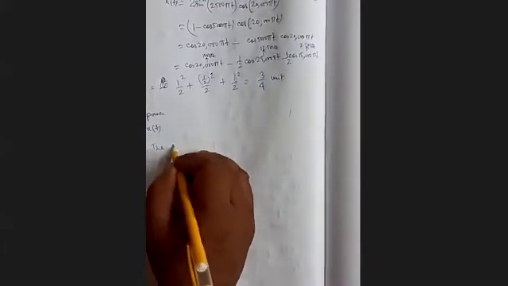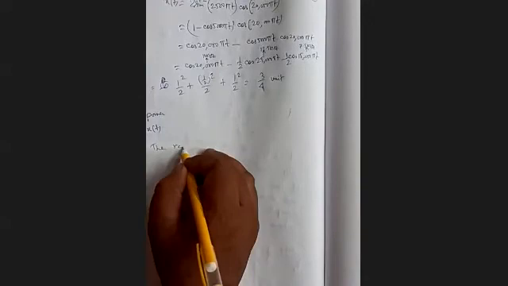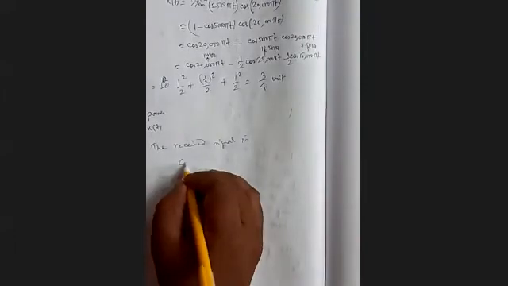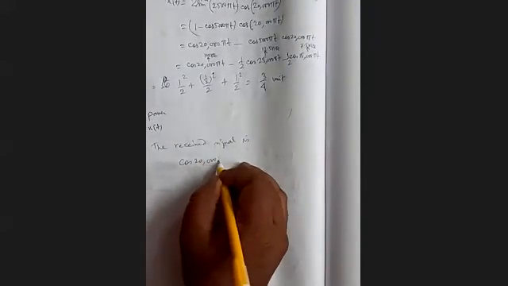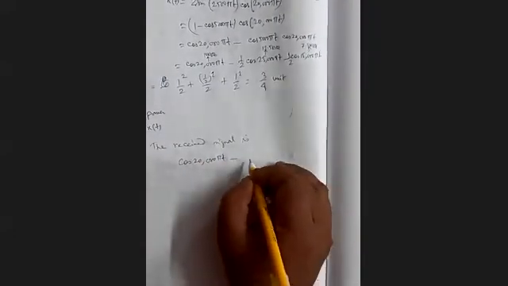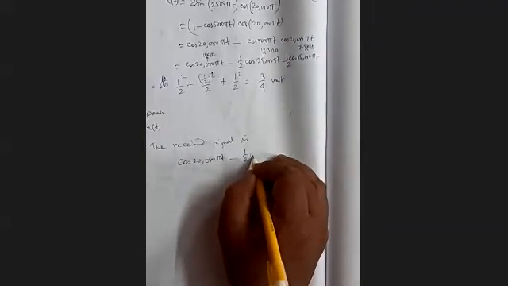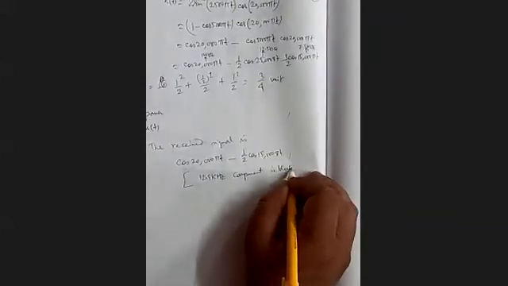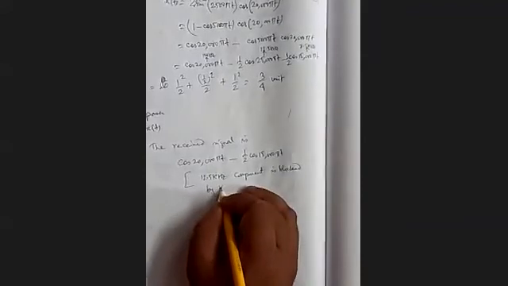The received signal is cos 20,000 pi t minus half of cos... The 12 kilohertz component is blocked by the filter.